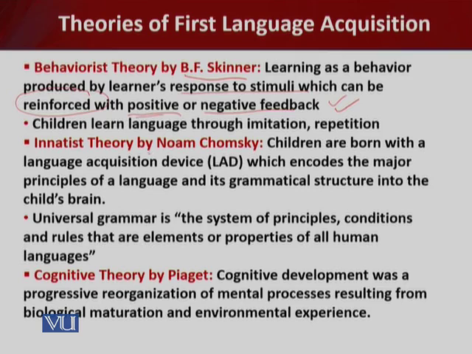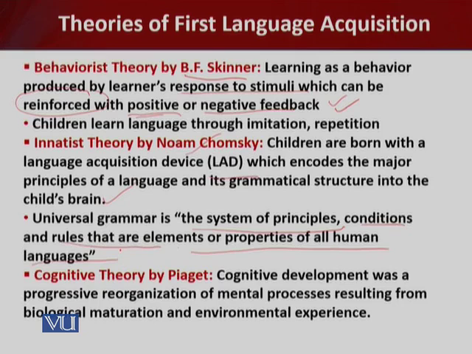Then the innatist theory by Noam Chomsky holds that children are born with a language acquisition device, the LAD, which encodes the major principles of language and its grammatical structure into the child's brain. Universal grammar is the system of principles, conditions, and rules that are elements or properties of all human languages.